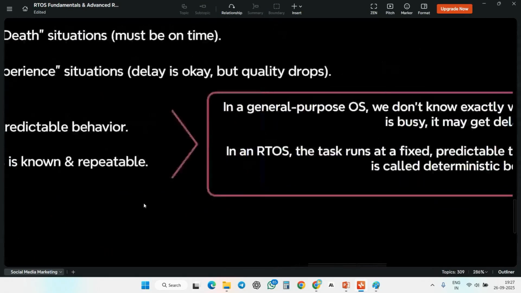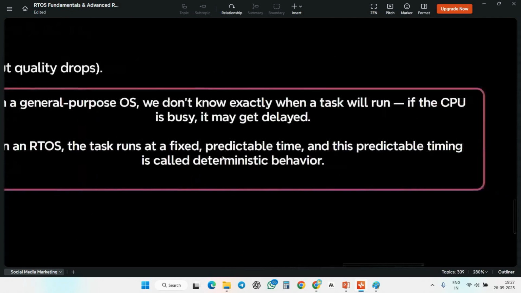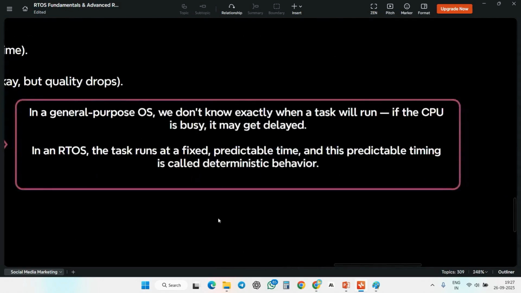In a normal operating system, we don't know exactly when a task is going to be completed. Whenever a task is given, it is continuously busy, and that may delay your task from being completed.